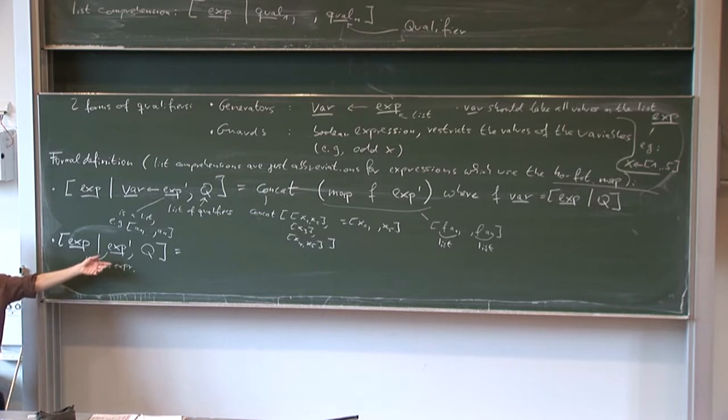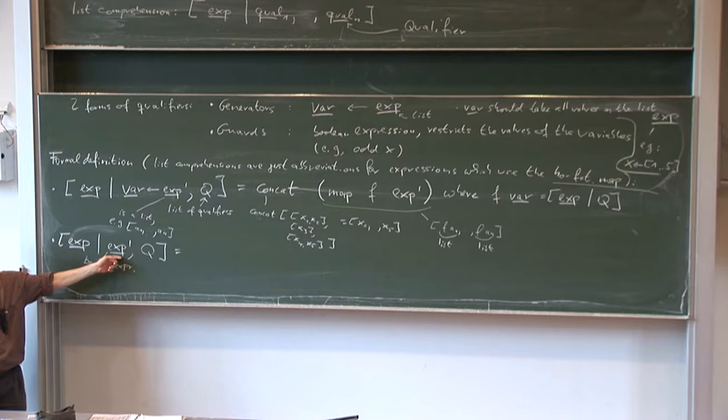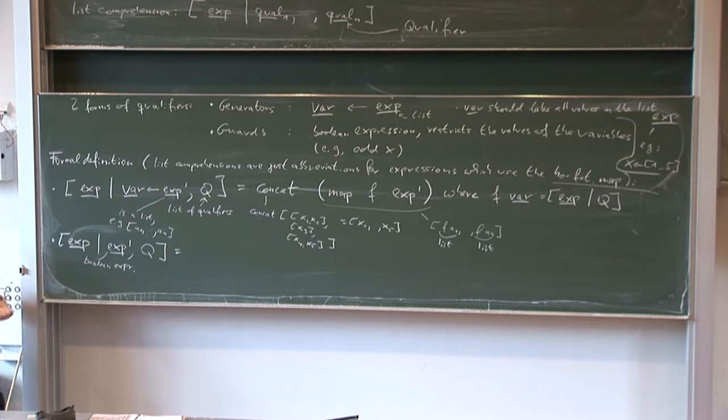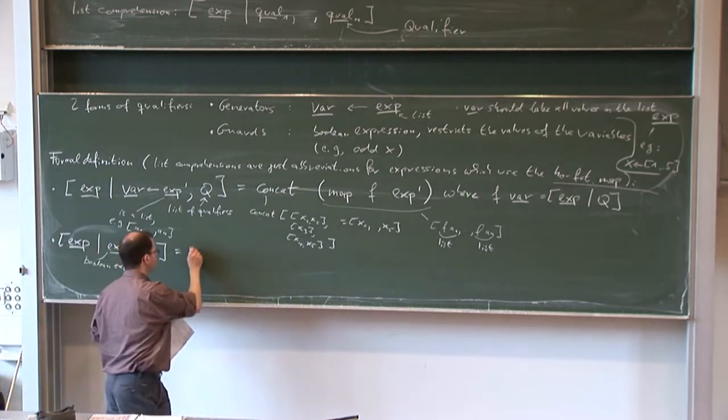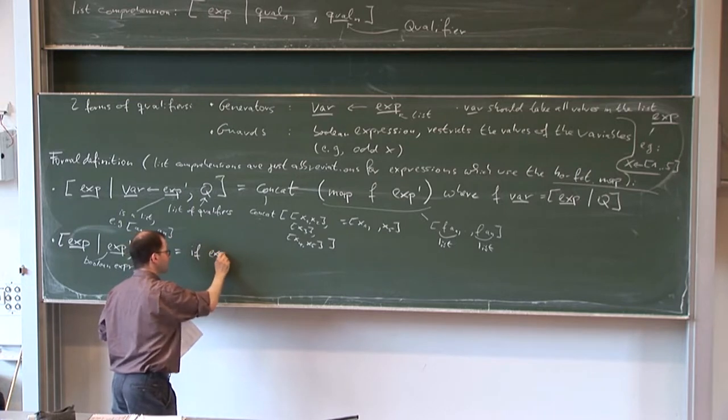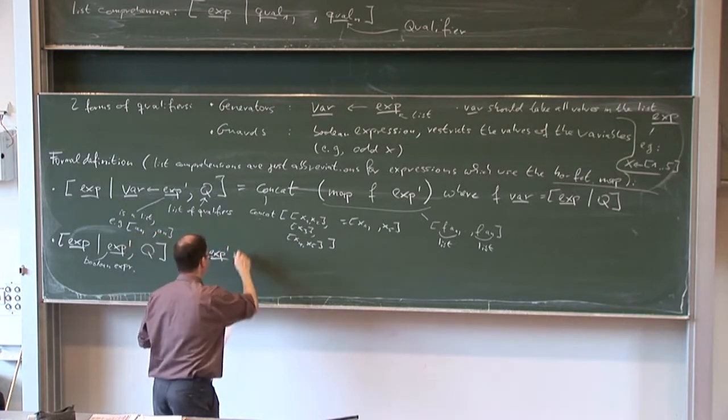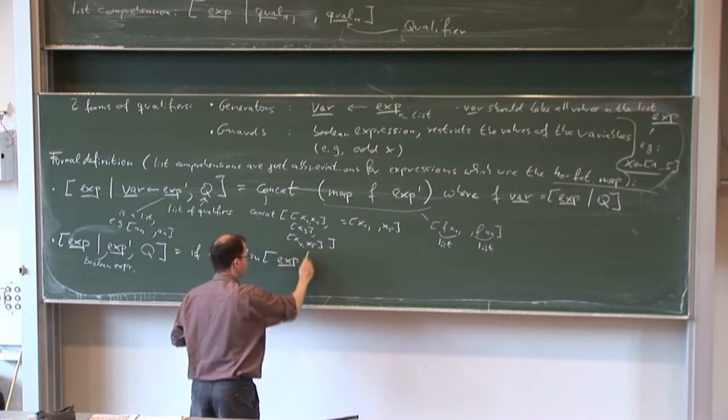Now, what happens here, this is a Boolean expression. So what happens is that one simply tests whether the expression is true or false. If it's true, then it plays no role. Then you just can remove it, and the result will be the same as if you had no expression. If it's false, then the result is the empty list. So this is an abbreviation for if this expression is true, then you can drop it. So then it's the same as this.